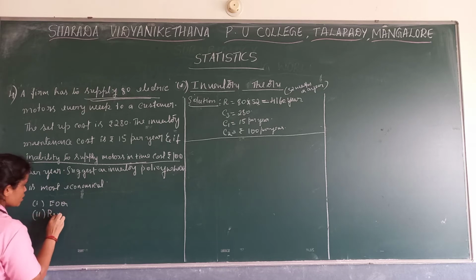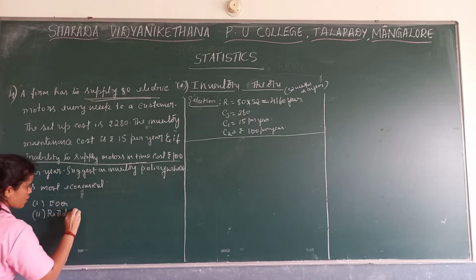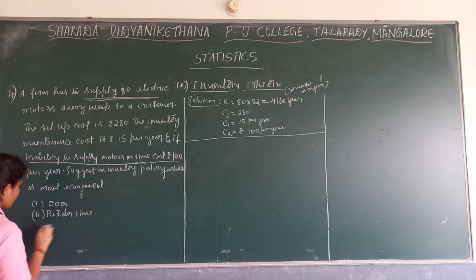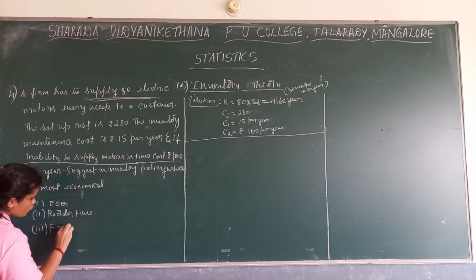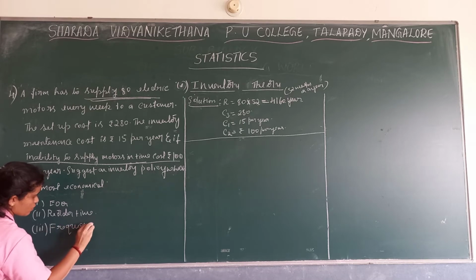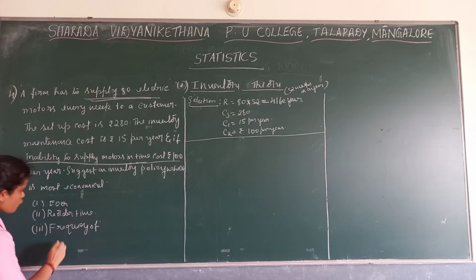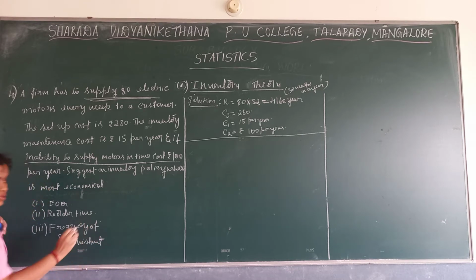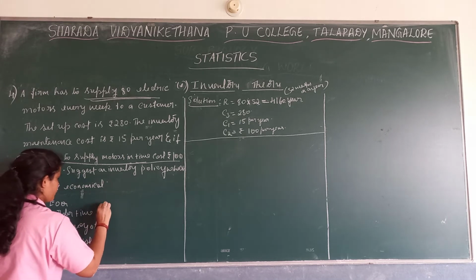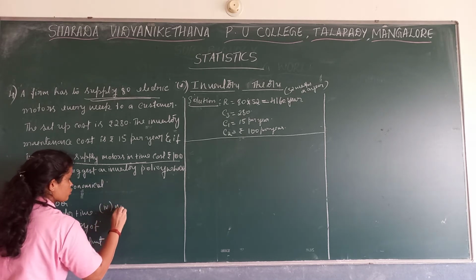Then reorder time. Second one. Then third one, frequency of replenishment. The next one, fourth one, minimum average cost.